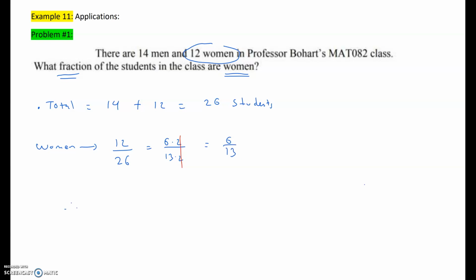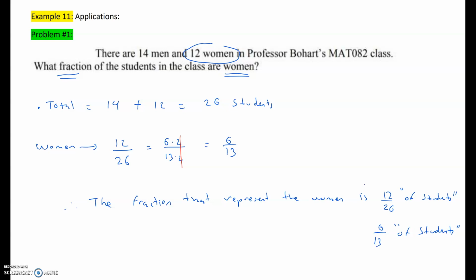Now your final answer would say something along the lines that the fraction that represents the women is, in this case, 12 over 26 of students, or 6 over 13 of students.